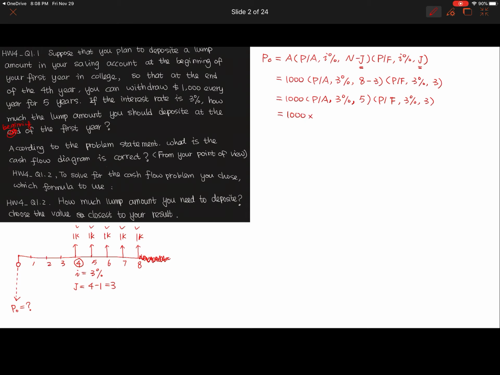If you do that, you will find that the first factor is 4.5797, and the second factor is 0.9151, and then you're going to have your final result, which is 4190.88.